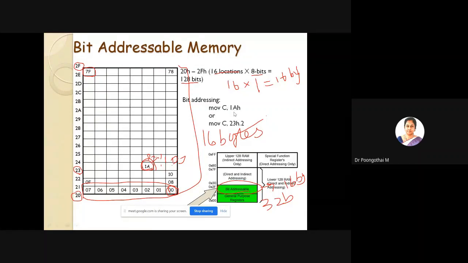This 1A can hold either 0 or 1, and that 0 or 1 is transferred to C. Another way of writing is 23.2, that is bit 2 of 23. So individual bits can be accessed by the user or programs. That is the main importance of the bit addressable area in 8051 architecture.